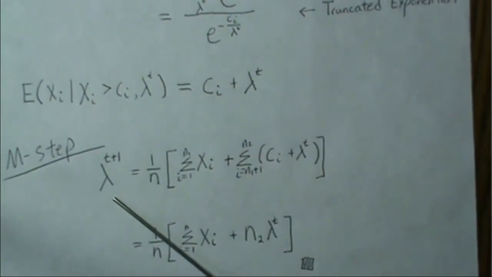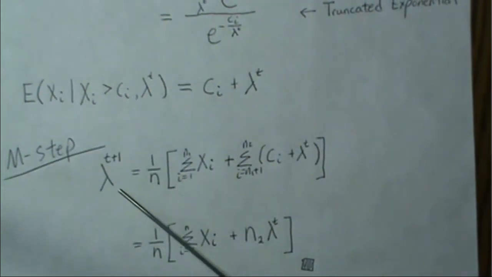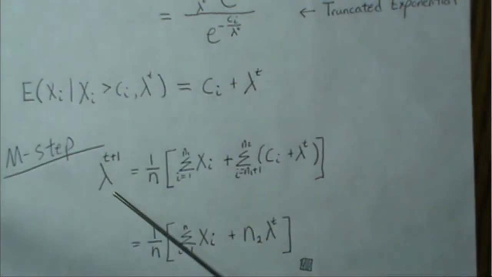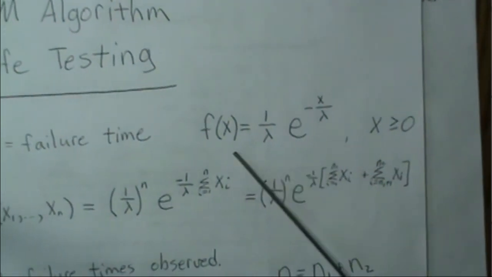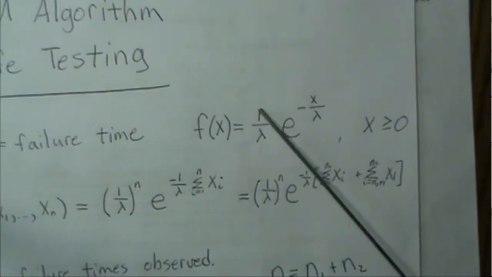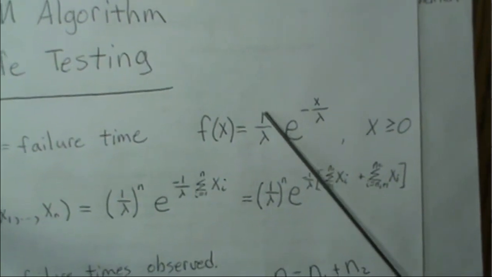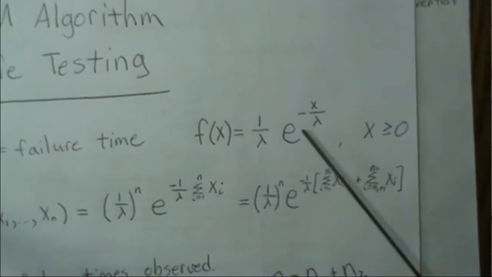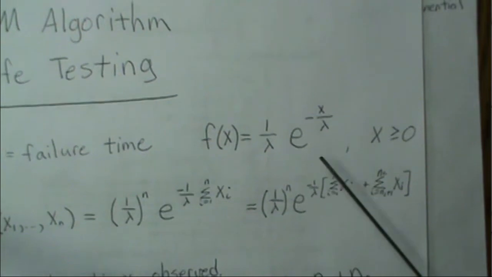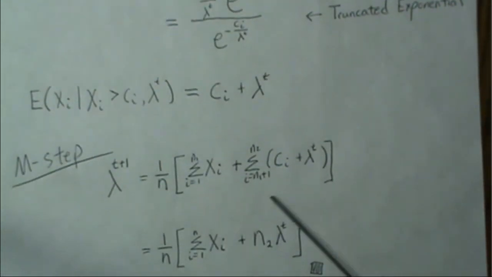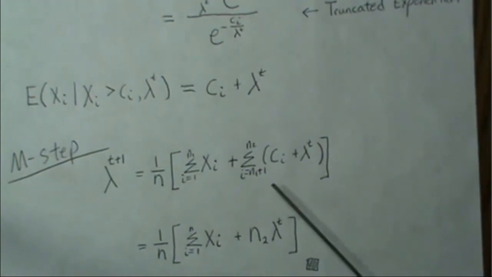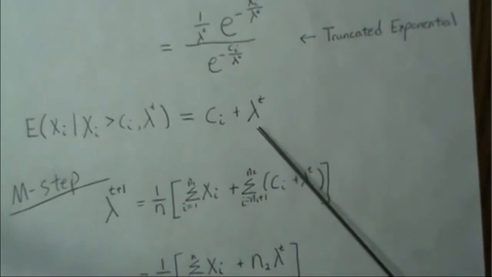Now I'm going to give a quick illustration in R, but I learned very quickly that in R they don't use this parameterization. They don't use the 1 over lambda. They just say lambda times e to the minus lambda x. So what that does is change this M step and this expected value.